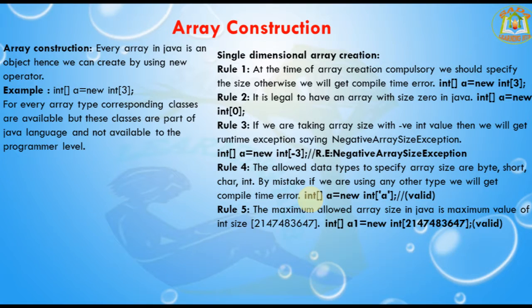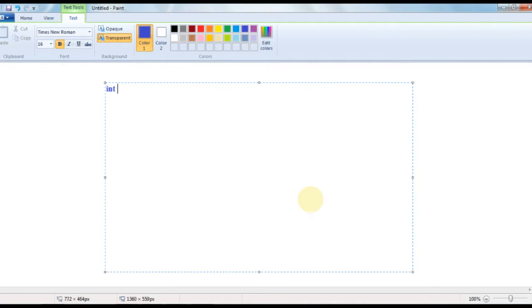For example, int a1 is equal to new int of 2147483647. This is the maximum integer size. For example, this is a valid declaration.